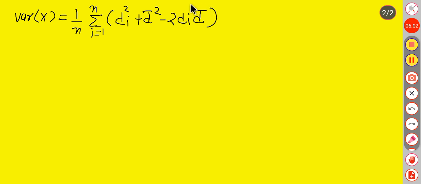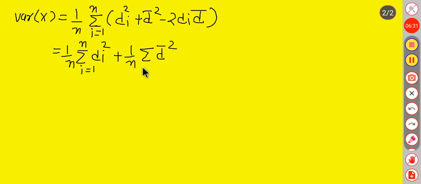Now let us distribute the summation. So you will get 1 upon n summation over i from 1 to n of di whole square, plus 1 upon n summation over i from 1 to n of d bar whole square, minus 2 upon n summation over i from 1 to n of di d bar.